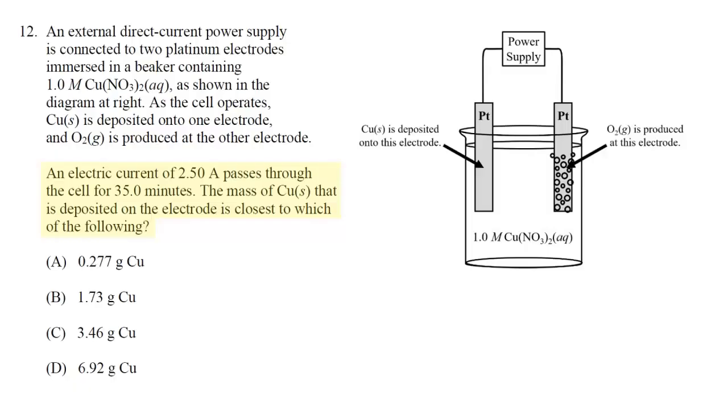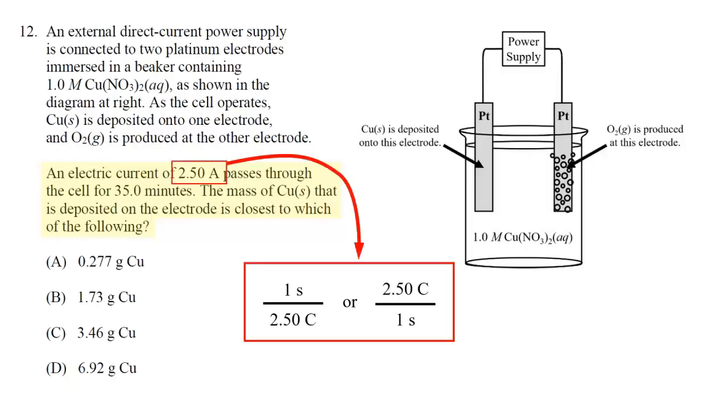So we're given 35.0 minutes. What I'm going to do is consider the 2 possible conversion factors that would be connected to 2.50 amps. Remember that an amp is a coulomb per second. So if I have 2.50 amps, that would either be 2.50 coulombs for every 1 second, or I could flip that upside down, 1 second for every 2.50 coulombs.